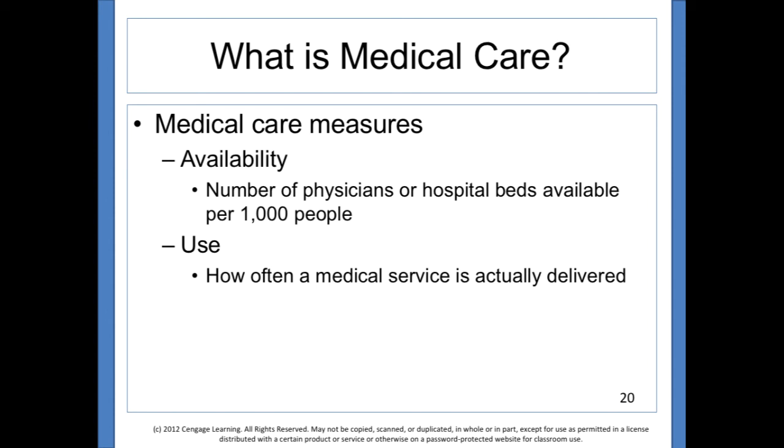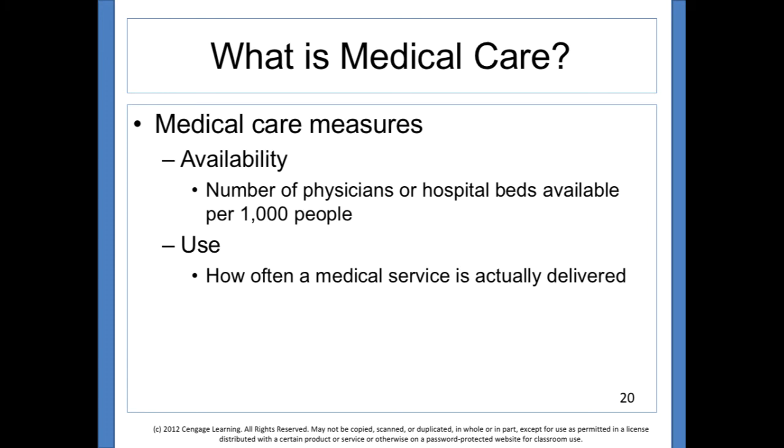One is by availability, and the second is by utilization of the medical services. So, for example, when we want to compare the medical care in Maryland compared to Virginia, we ask two questions: the availability and utilization of the medical care in these two states.